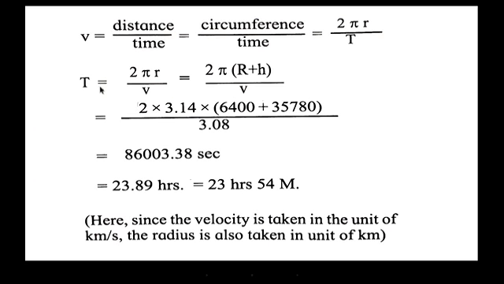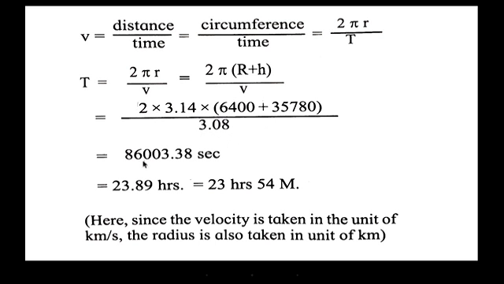So t is equal to 2 pi r upon v, that is equal to 2 pi (r plus h) upon v. Substituting the values, we have 2 into pi, which is 3.14, into (6,400 plus the height of the orbit, 35,780) upon the velocity, which is given as 3.08.